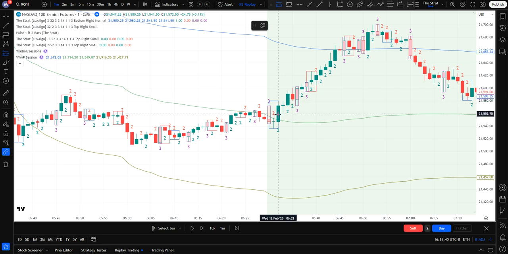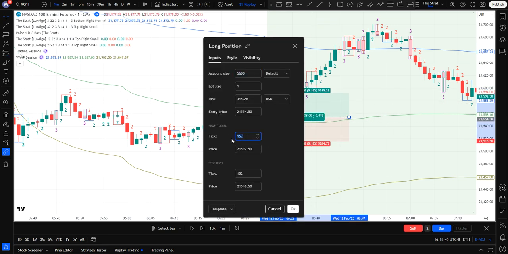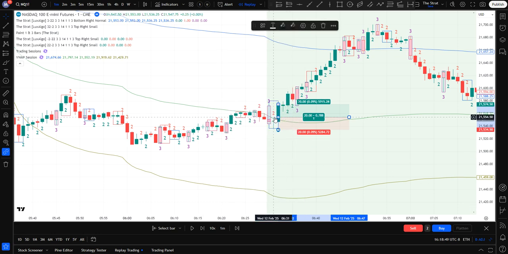As soon as that 2 breaks lower, that's when I place my stop order to be filled on the next one. I wait until this candle is closed, and as soon as the next candle opens, that's when this order gets placed. It just sits there and waits, and when it gets filled, I'm long. My initial target's 20 points either way, stop loss, first target.